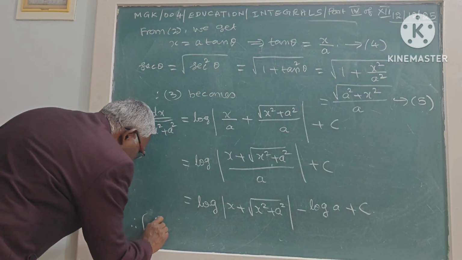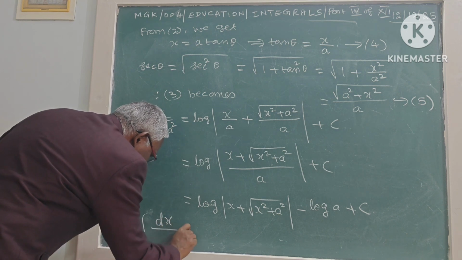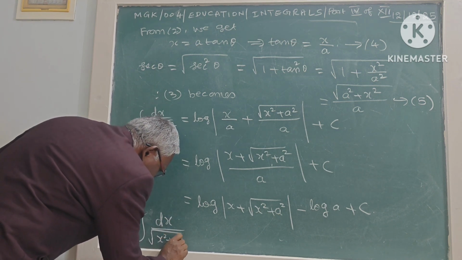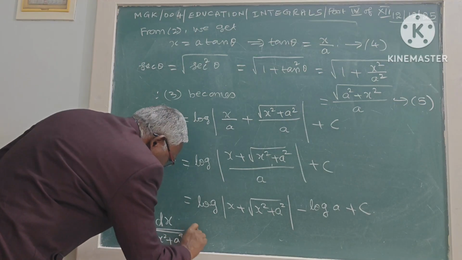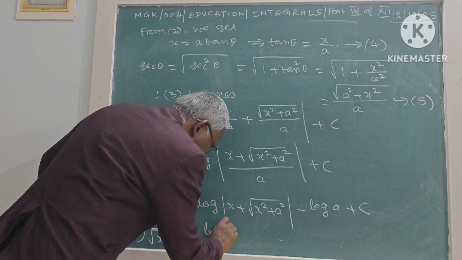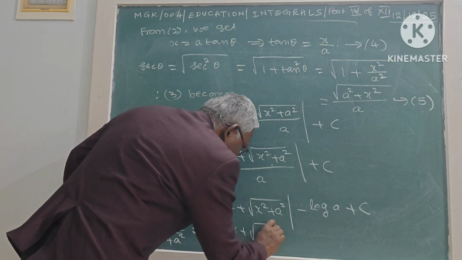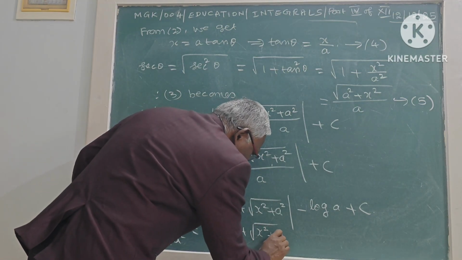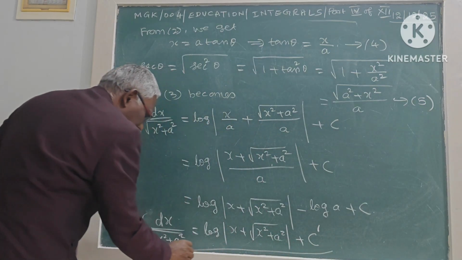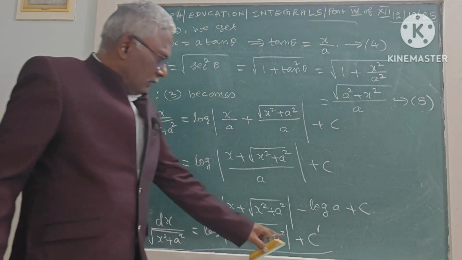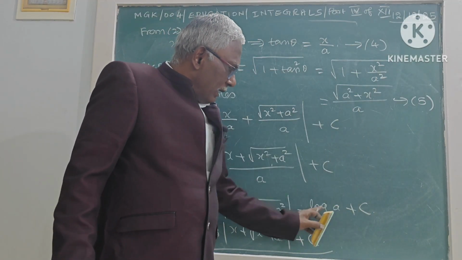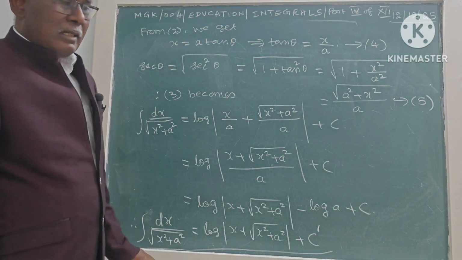Therefore we can write integral dx by square root of x square plus a square is log of x plus square root of x square plus a square plus some other constant. Some other constant we can put as c dash, where c minus log a is c dash.